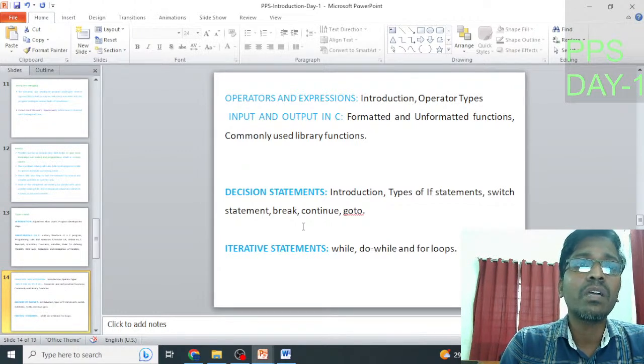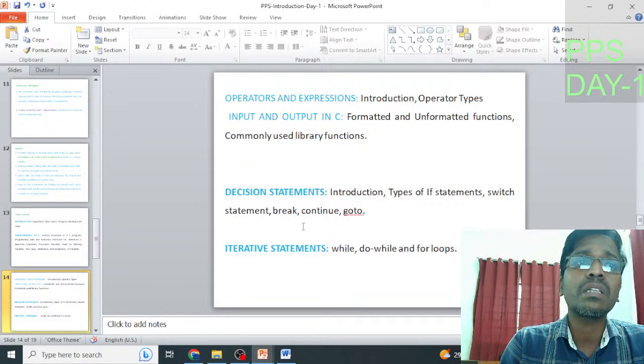After that, I want to discuss decision statements and the different types of decision statements, selective statements, like if statements, if else if statements, if else if ladder, and switch statements, and where you can use a break statement, and continue statements, and goto statements.